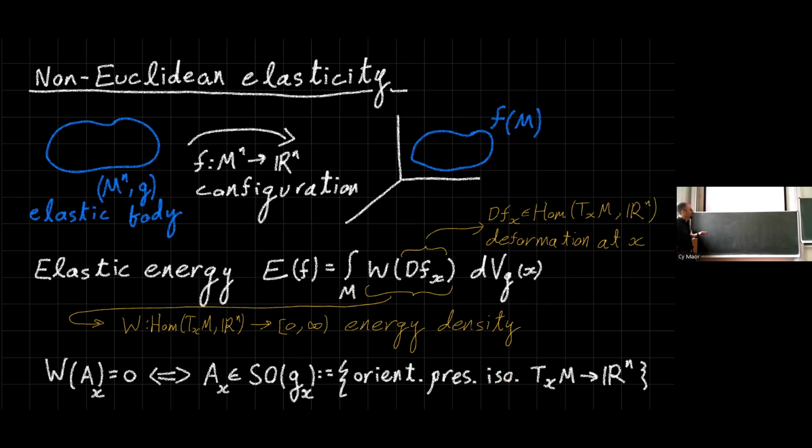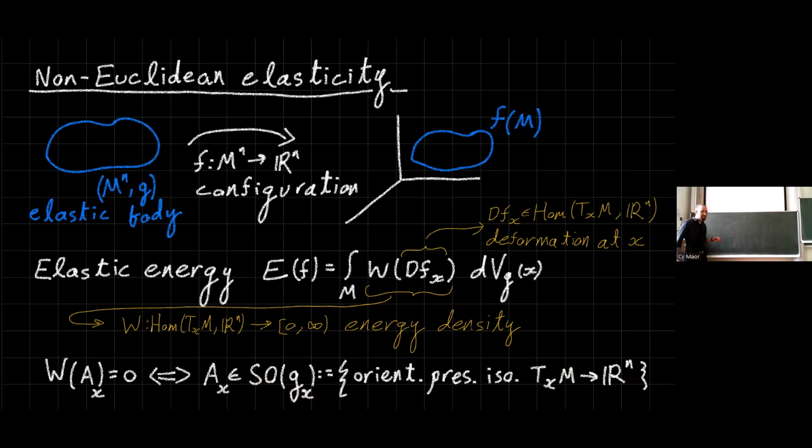But now, instead of being an isometry between Rn and Rn, I have an isometry between this tangent space with this metric that depends on x and the Euclidean space. Okay, so I denote this by SOG at the point x.